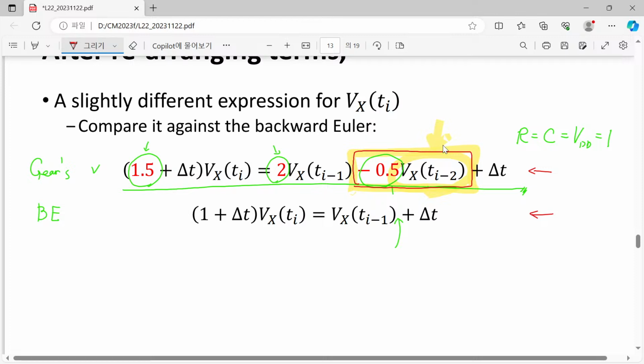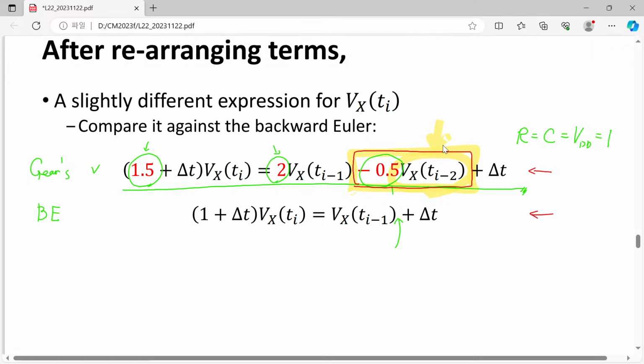So in many cases, it is not that difficult to implement Gear's second order method. Simply speaking, backward Euler is the simplest in its implementation and the cheapest in its actual use. However, in terms of accuracy, it is not the best one. With more computational effort, we can improve the situation.